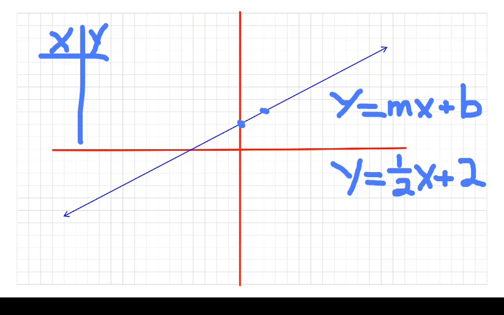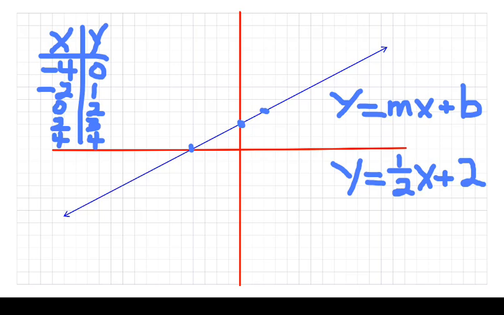Starting down where it crosses x, that looks like (-4, 0). Then at -2, it looks like it's up to 1. At 0, that was our y-intercept, it's 2. At 2, we're up to 3, and 4 is up to 4. I'm starting to see a pattern here. The y's count by 1s, the x's count by 2s.